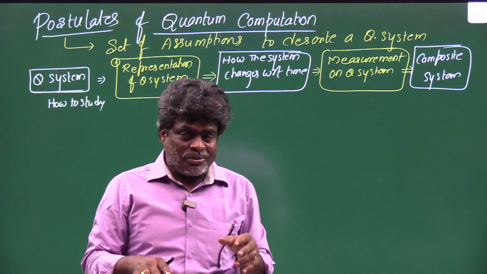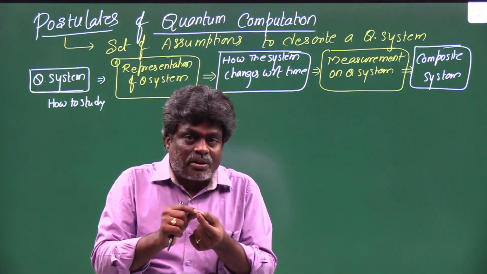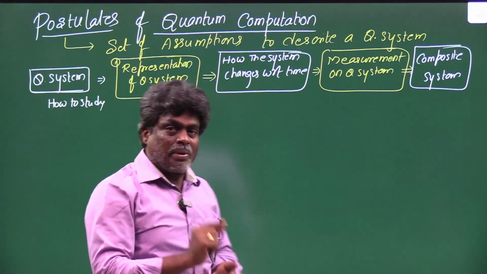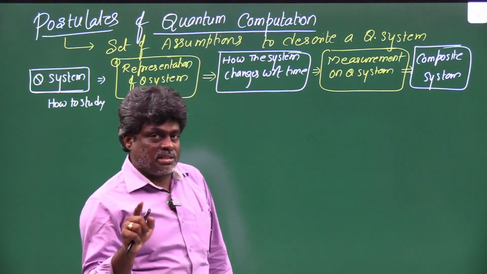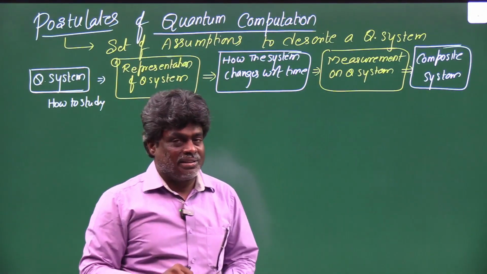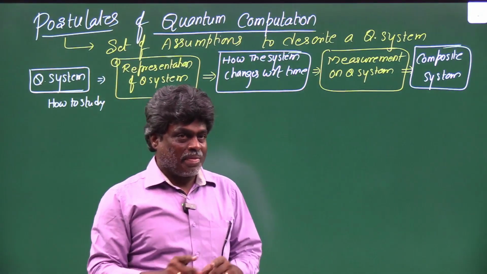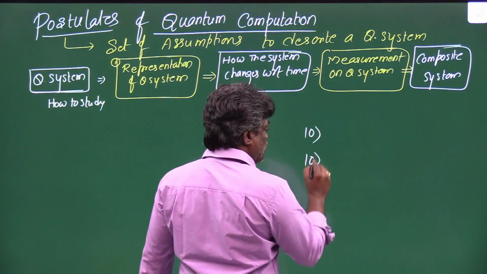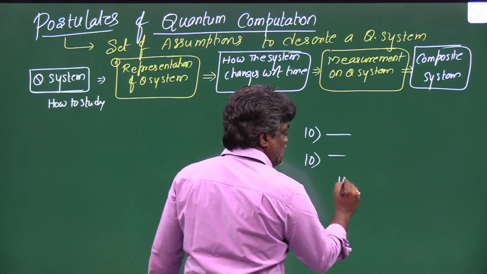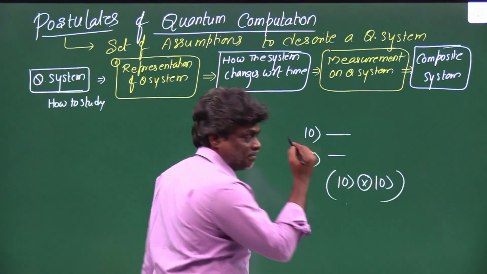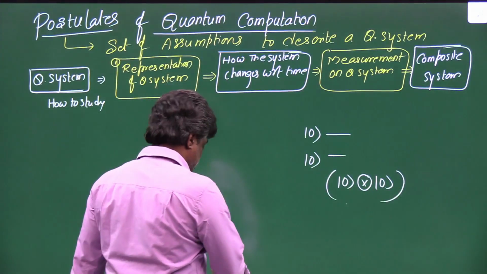First I have to know for one electron, then I will go for n electrons. Because for 1 qubit you write the states, and for 2 qubits, using that only you write, yes or no? At a time we are not writing for all of them. First you take a single system and make a composite system. That is about the next postulate.